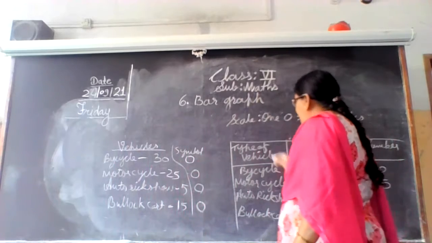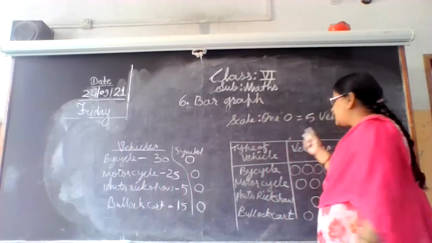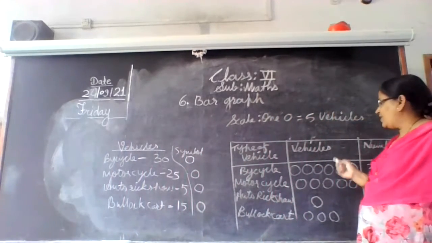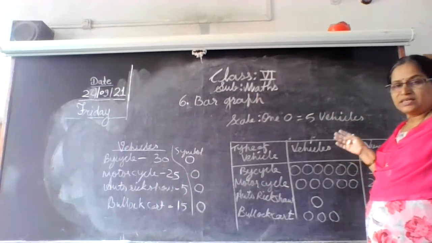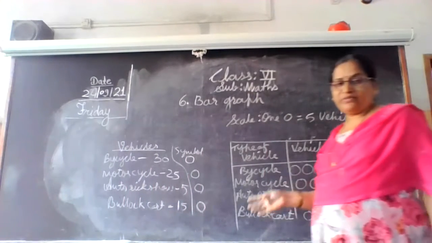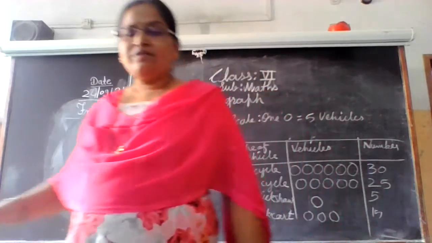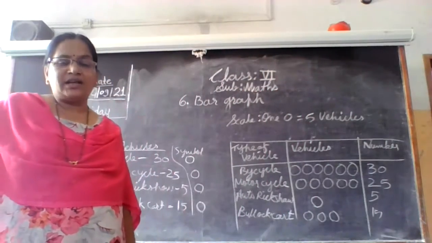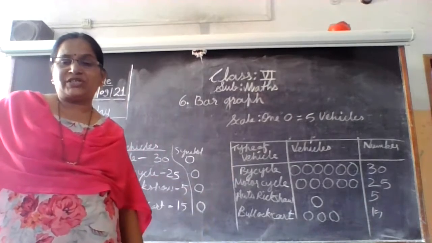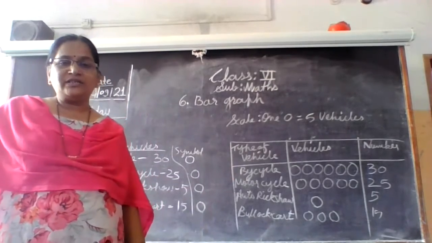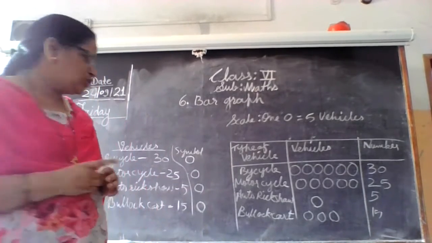Okay. So it is the pictorial representation of data of vehicles. Got it, children? And this method is known as pictographs. Here we have represented our data, our information through pictures. So let's see another question.